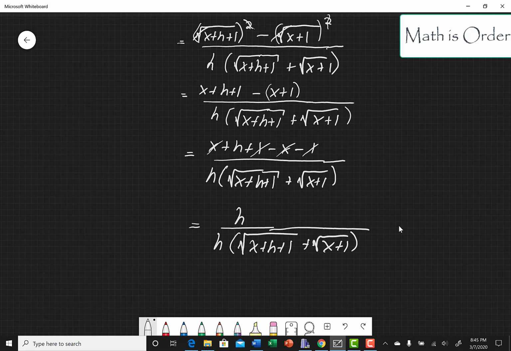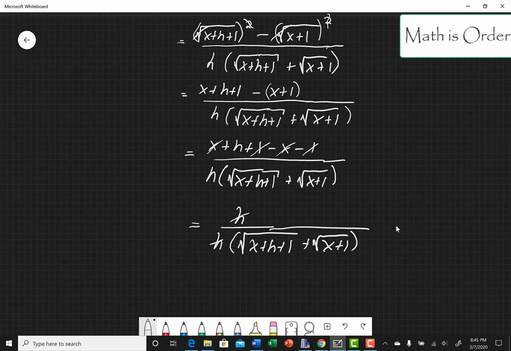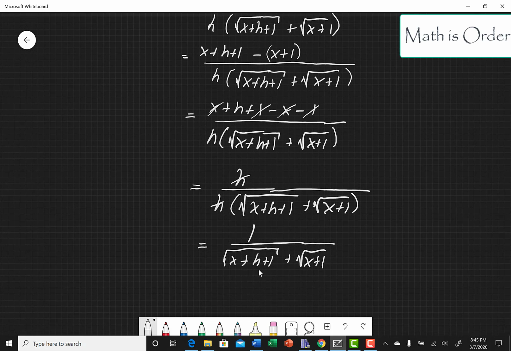All right, and those h's divide out, and our final answer is 1 over square root of x plus h plus 1 plus square root of x plus 1. And this is definitely allowable because when h is 0, the denominator is not undefined. All right, so this is the final answer.